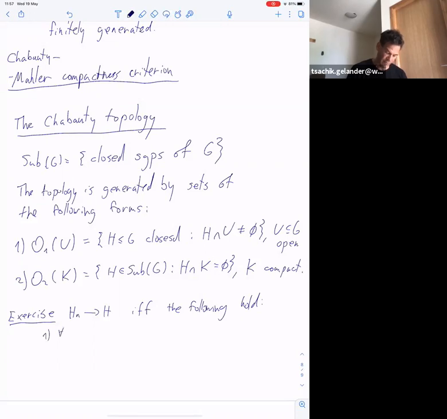One, for any h in H, there are h_n in H_n such that h_n converges to h in the usual topology of G. Two, for any h_{n_k} in H_{n_k}, a subsequence such that h_{n_k} converges to a limit, the limit is in H.